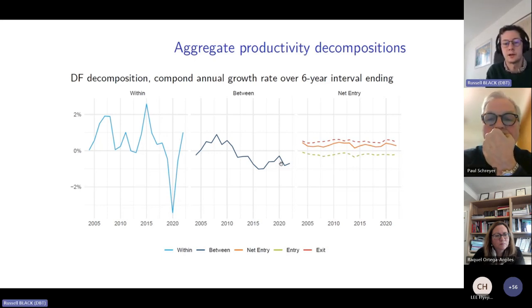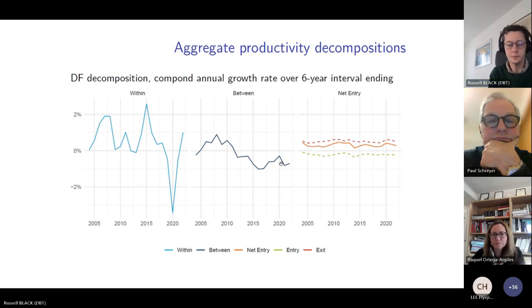We have clear 6-year intervals where, between the beginning and the end of the interval, a lot of the productivity growth is due, arithmetically, to the fact that different companies have different shares of the total workforce, and more of the workforce is in higher productivity companies than used to be the case 6 years before.